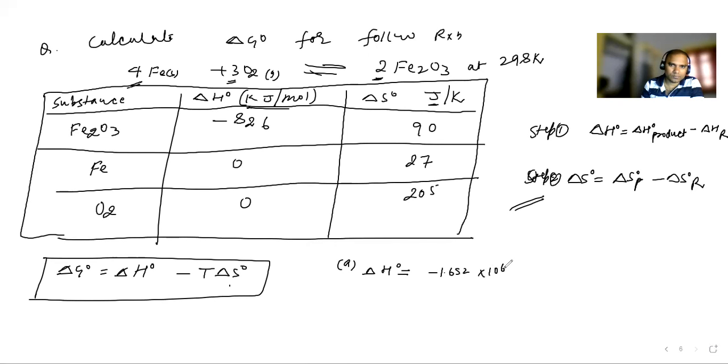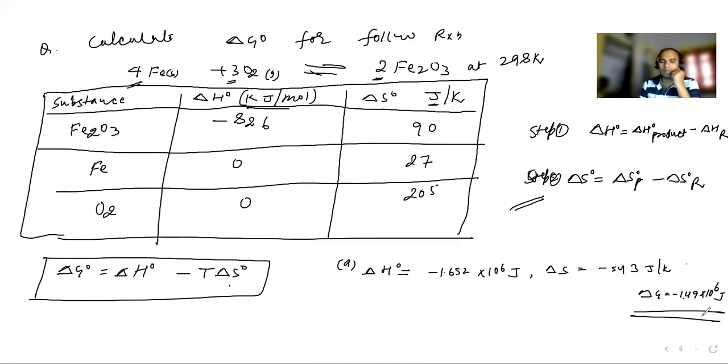So delta G will be 1652 minus 298 times 543, so this is going to be 1.5 times 10 to the power of 6 joules. Delta G they are talking about is minus 1.49 times 10 to the power. Yeah, this is correct.